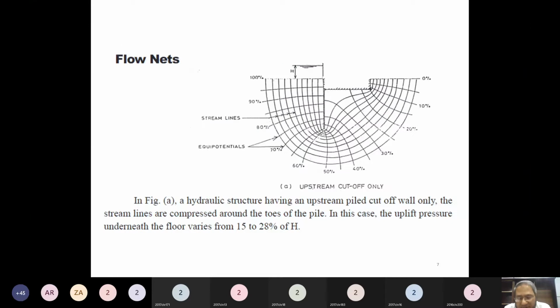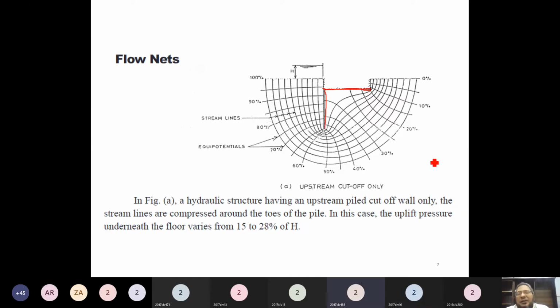Now we want to consider the concrete floors. So this is a concrete floor, like maybe the concrete floor of a barrage. And what have we provided here? What is this structure? Sheet pile. This is the sheet pile.